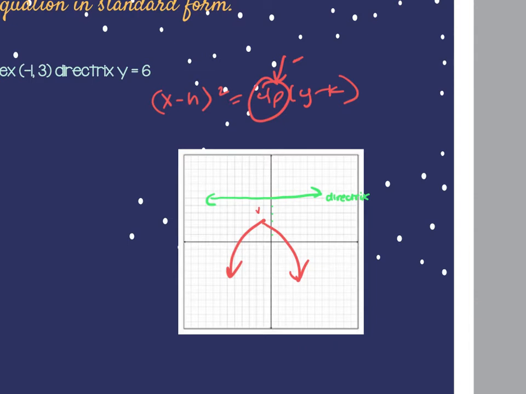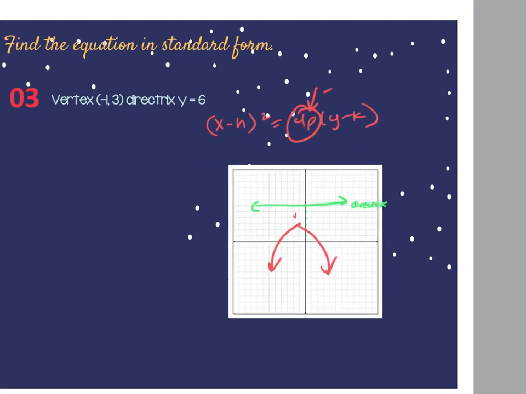With me so far? So I already know the x minus h part, right? Because this is my h and this is my k. So I get x minus a -1, which becomes +1. The 4p I still have to figure out, but the y minus k part I already know. Now how do I know p? It's the same distance from the directrix to the vertex.